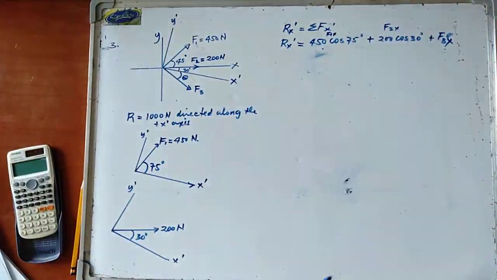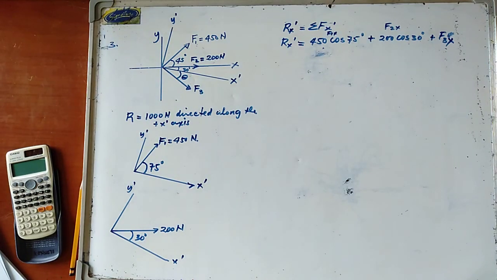That is now the resultant in the direction of x prime.